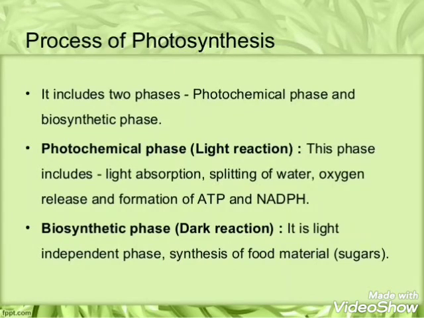Electron transport, that means ATP synthesis, and photolysis are the two major events that take place at the time of light reaction. During this phase, water is split and oxygen is liberated. That means the photolysis of water occurs during the light reaction.